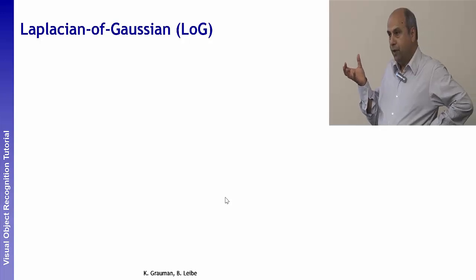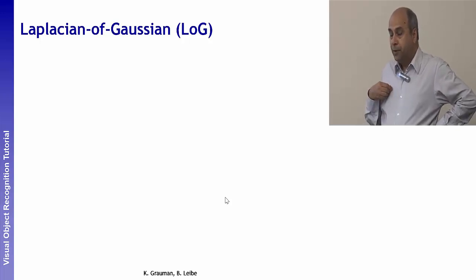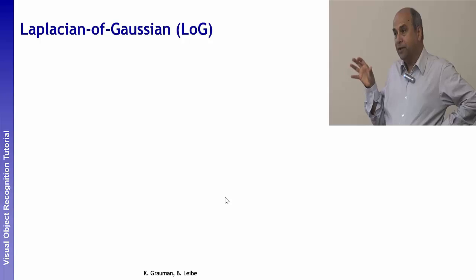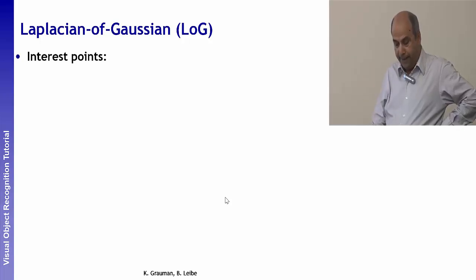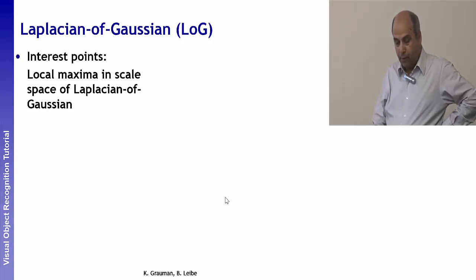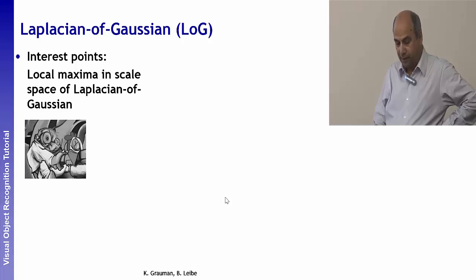Now, we are interested in images, so we will look at the Laplacian of Gaussian. What we will do is look at the local maxima in this scale space of the Laplacian of Gaussian.